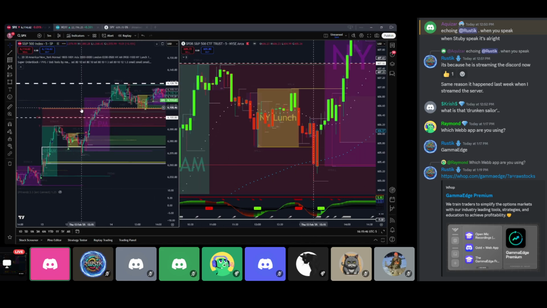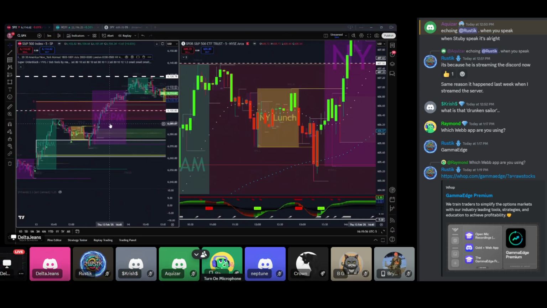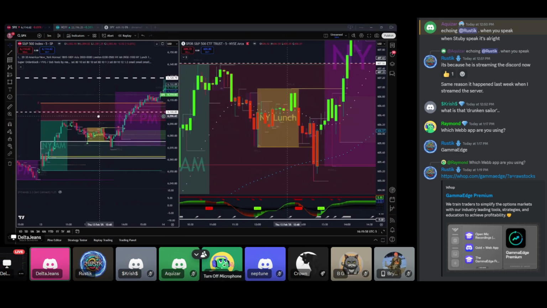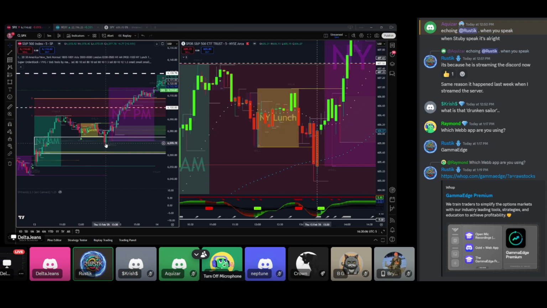And then we get a push down below 670, 675, and then we get an aggressive push right back above it. Y'all guys following along? You guys have any questions? And also it dips into that transition zone again, just to kind of give it a test and see if that zone holds.